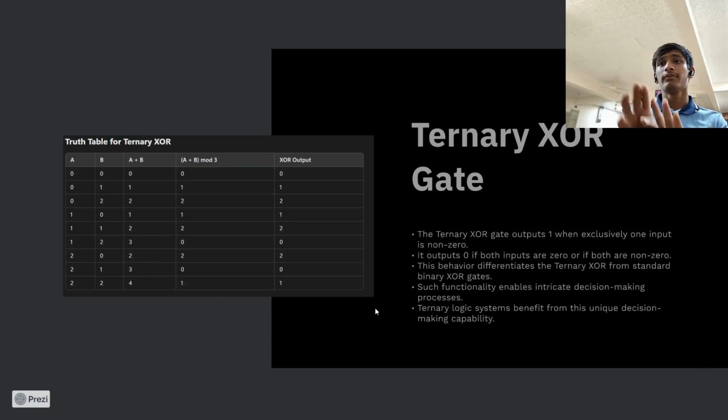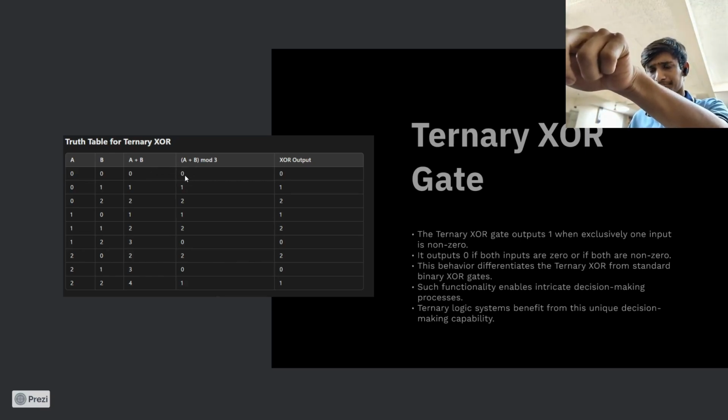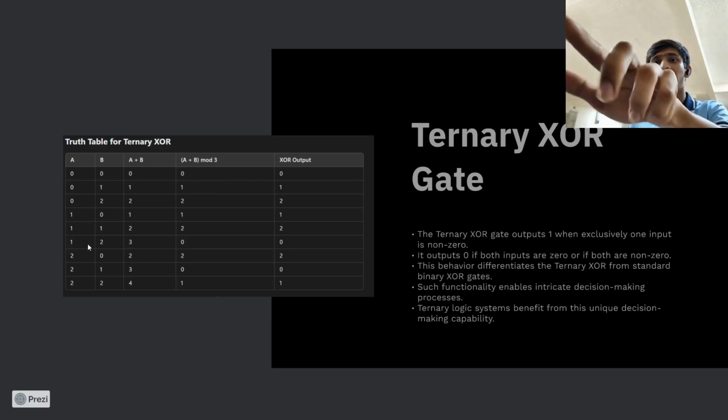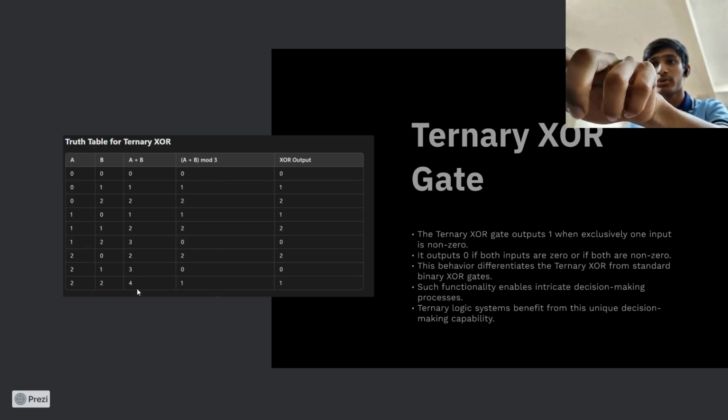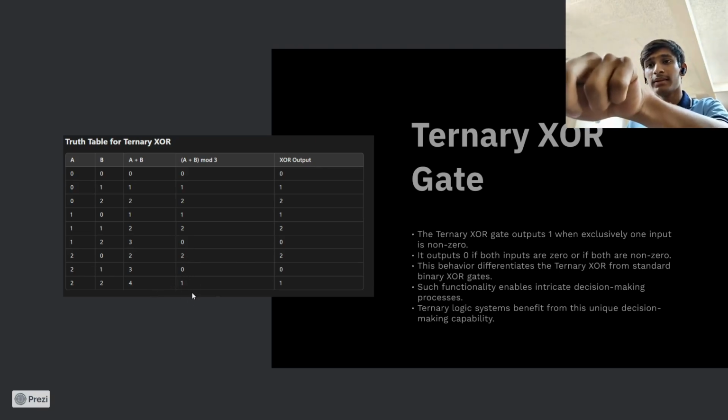It means that if both inputs are 0, then this sum will be 0, and dividing by 3, the remainder is 0. So 0. Now in this case, 2 plus 2 is 4, and if we divide 4 by 3, the remainder will be 1. So the output will be 1.